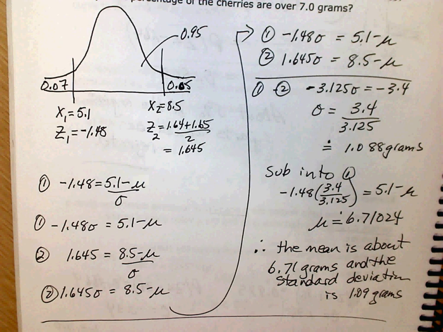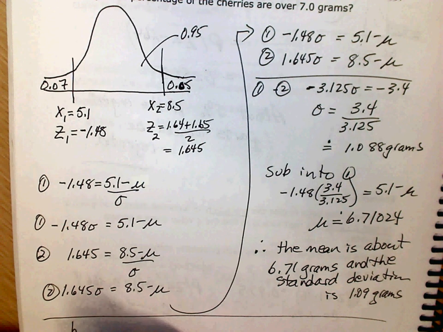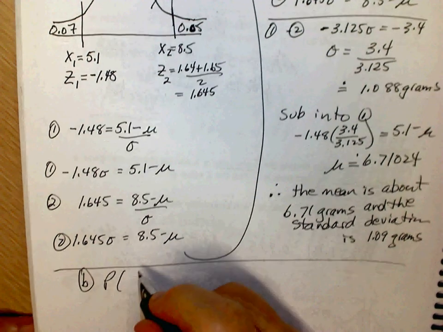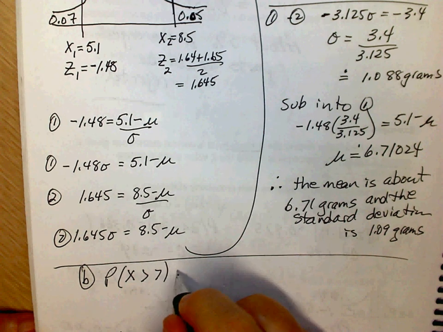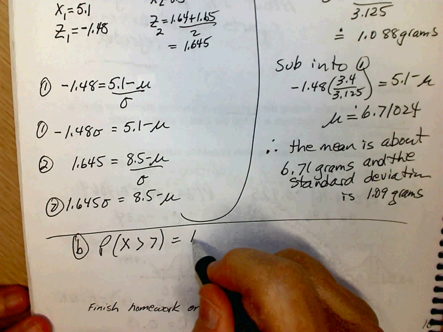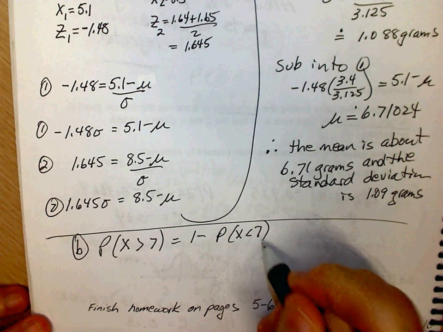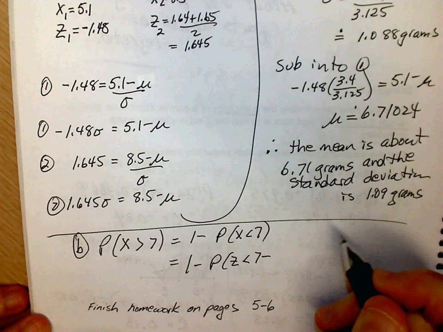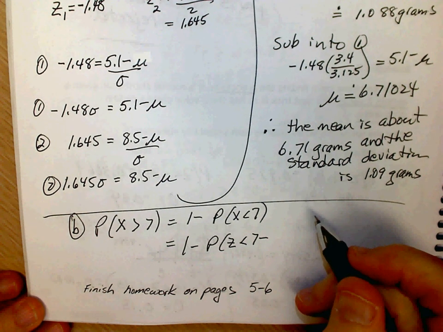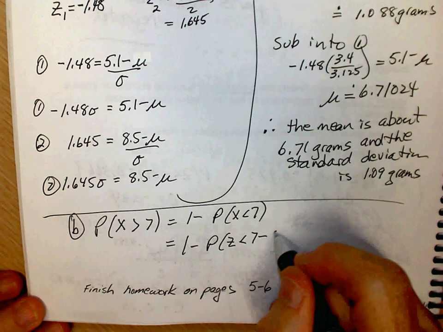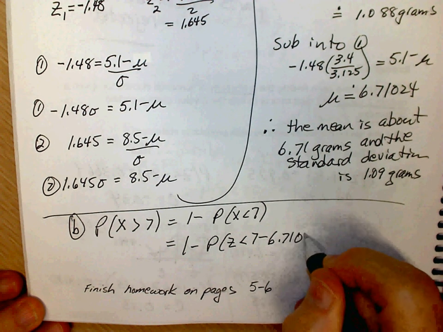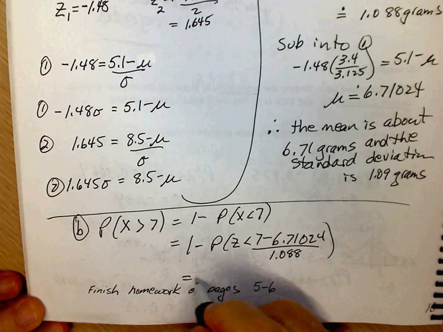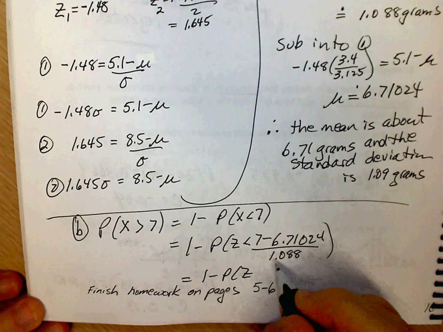B. What percentage of the cherries are over 7 grams? We want X is greater than 7, and I think you know how to do that. That's 1 minus the probability X is less than 7. That equals 1 minus the probability Z is less than 7 minus our mean, I'm going to use a more accurate value so we don't lose in rounding, all over 1.088, which equals 1 minus the probability Z is less than 0.27.